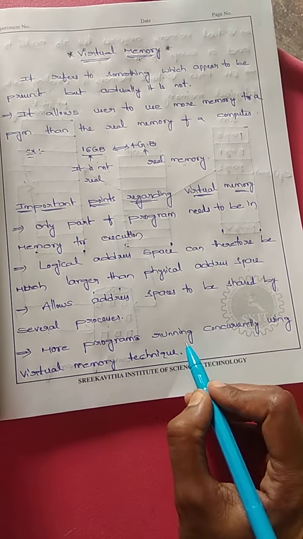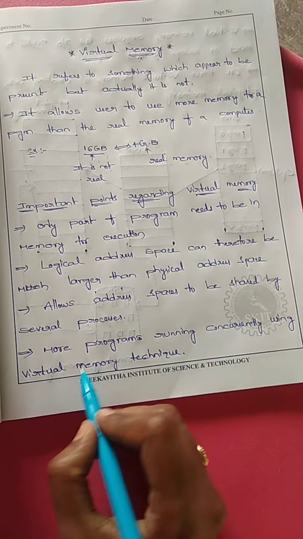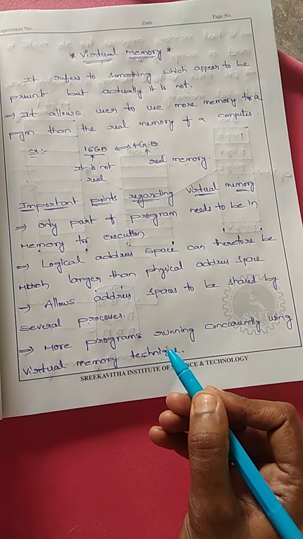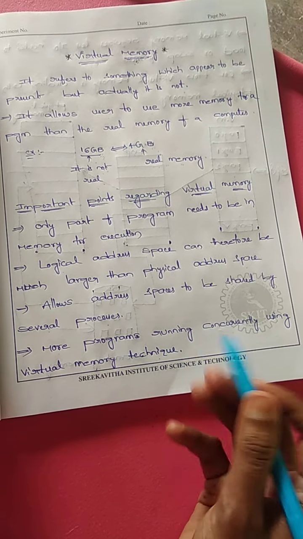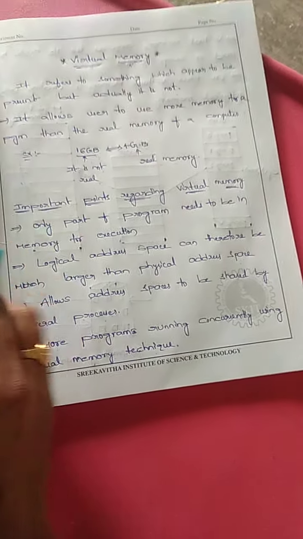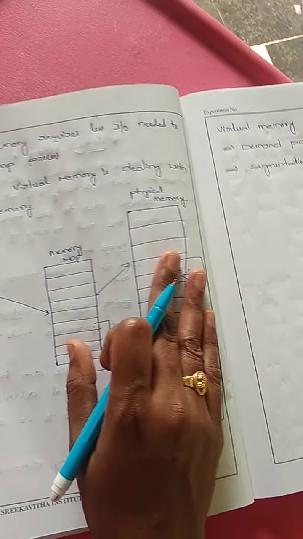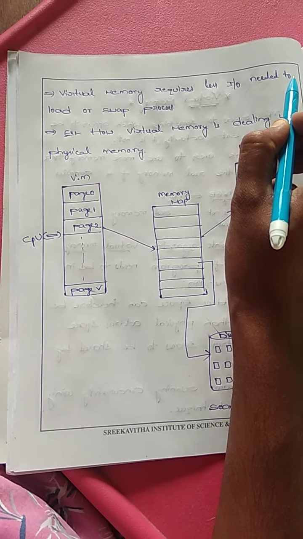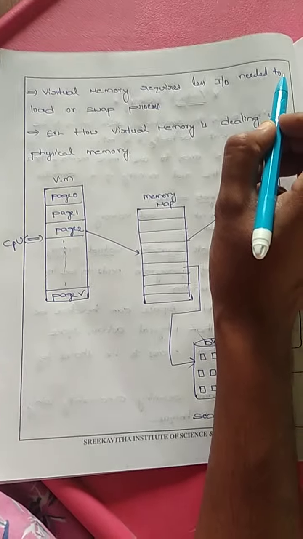More programs can run concurrently using the virtual memory technique, which means that a number of programs can be executed concurrently by using this virtual memory concept. Virtual memory requires less I/O to load or swap a process.